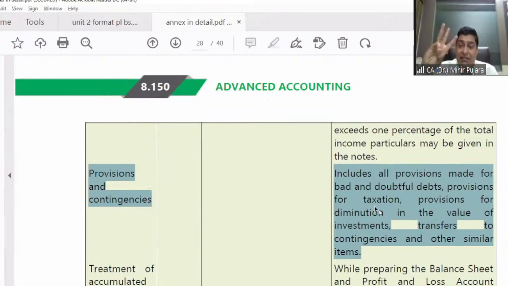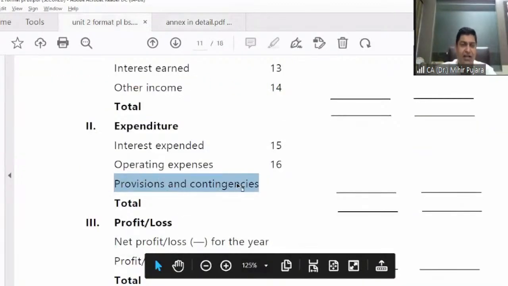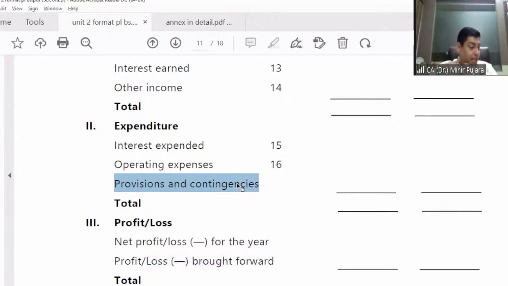So basically there will be three provisions, guys. Remember, there will be three provisions: provision for NPA, provision for taxation, and provision for investments. These three provisions are to be written under the heading called Provisions and Contingencies.